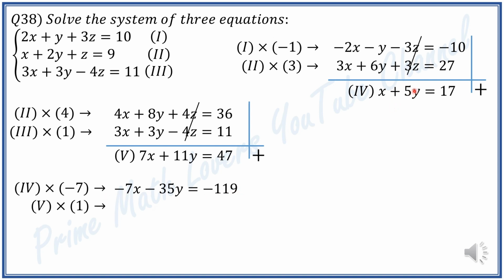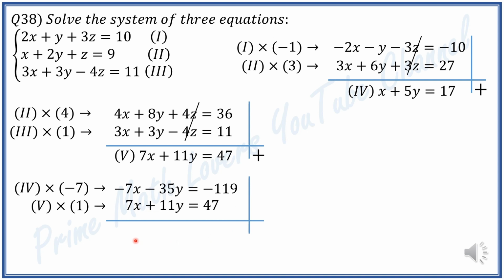Minus 7 times 5 will be minus 35, minus 7 times 17 is minus 119. And we write down equation 5 as is. So 7x plus 11y is equal to 47.